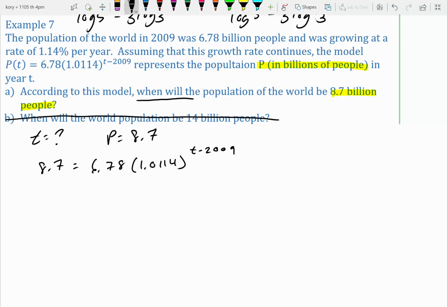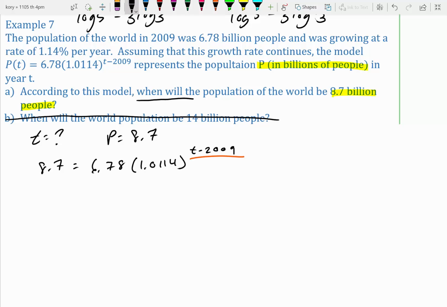Can we do change of base formula? Why not? We're subtracting. You see here how we're subtracting in the exponent, in this case it's a t. Because of that, we cannot use change of base formula. We need to do the 6 steps. Yep, you can't use change of base.